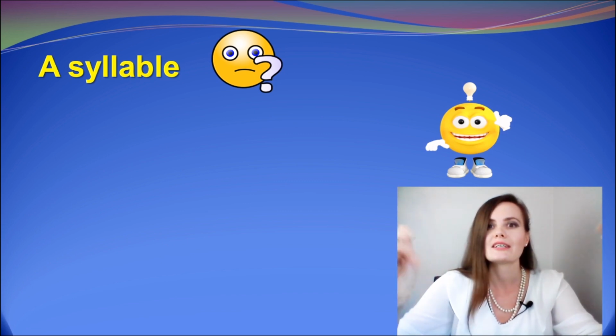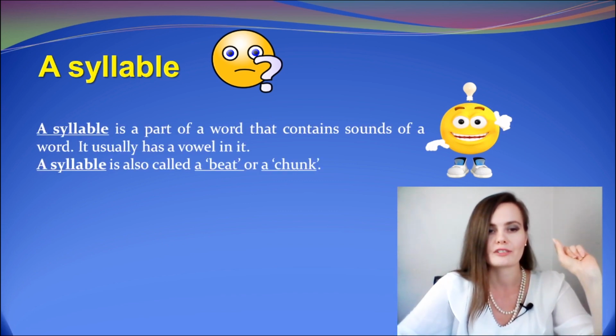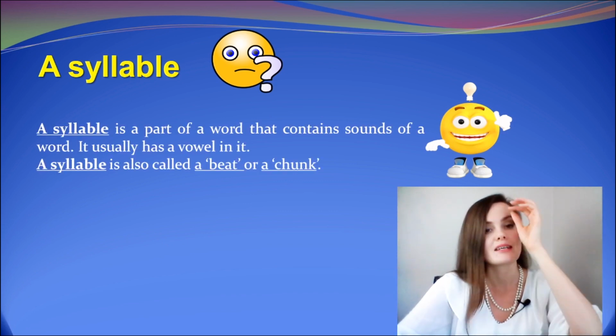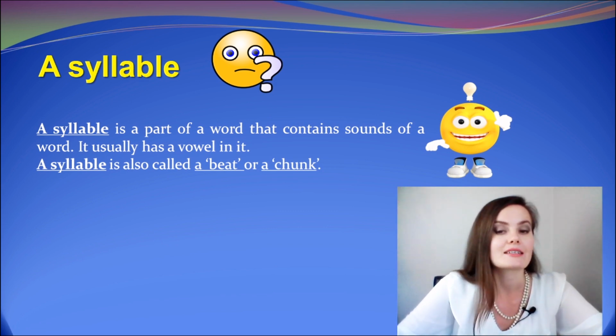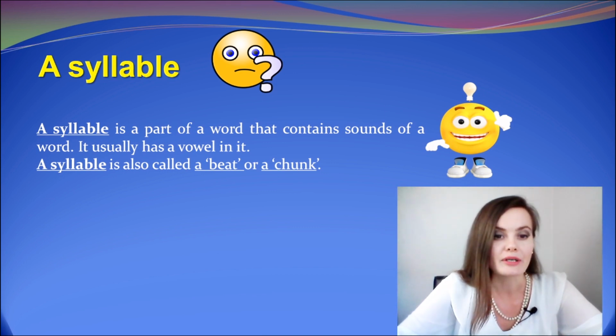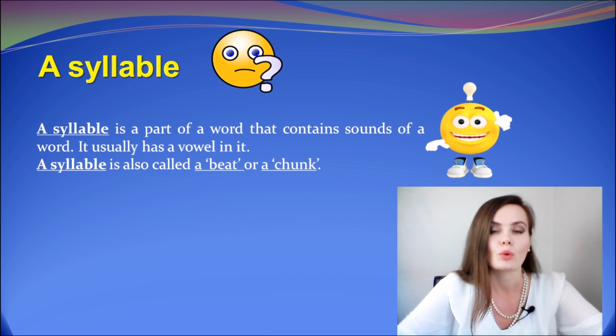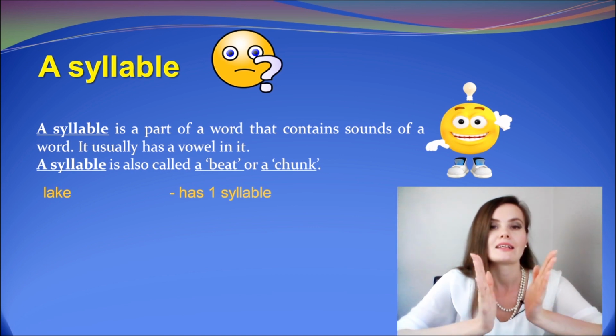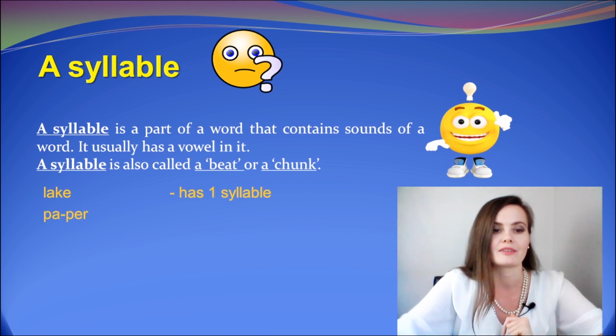Okay, so what is a syllable? Now you should know it. A syllable is a part of a word that contains sounds of a word. It usually has a vowel in it. It's very important, actually. And a syllable is also called a bit or a chunk. Remember how we clapped at the beginning? Lake, 1 syllable.